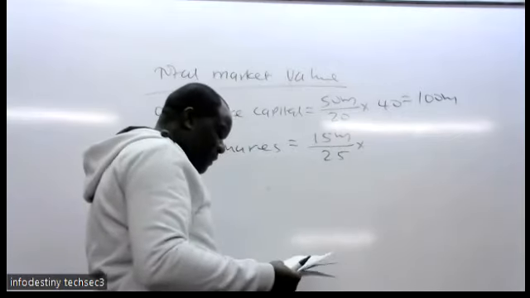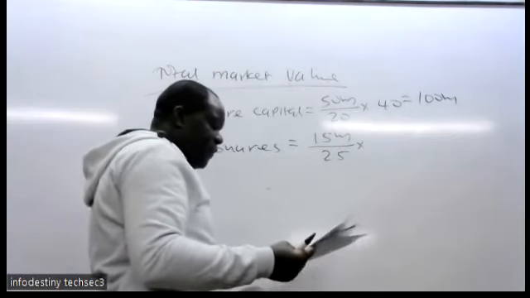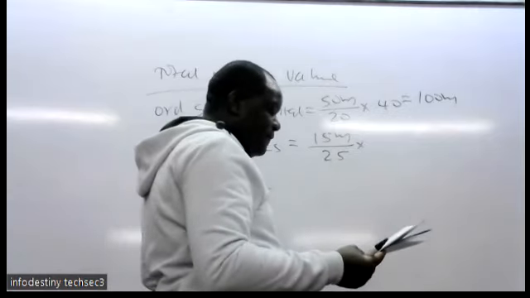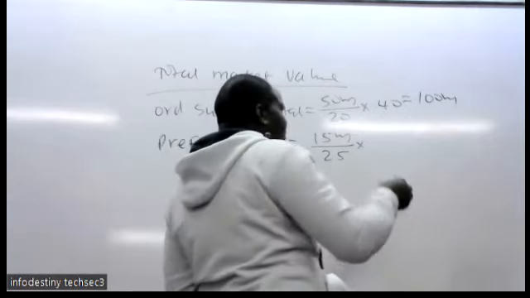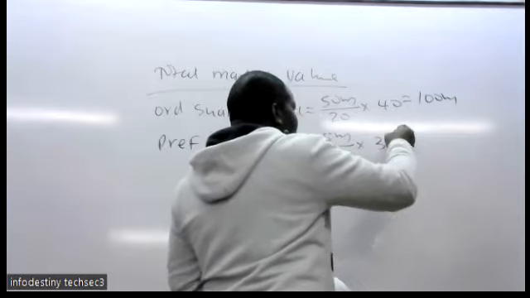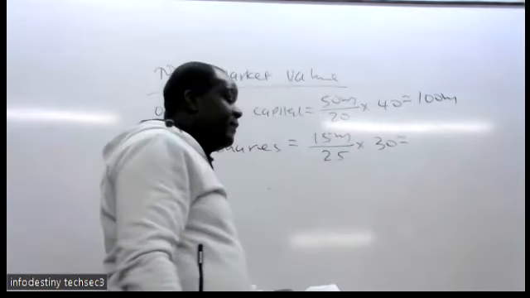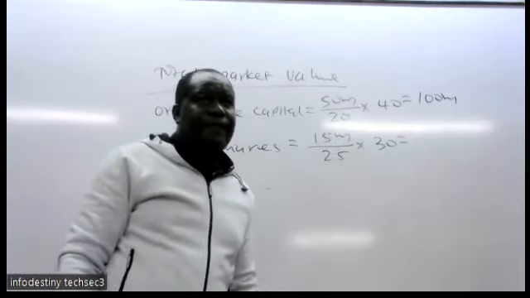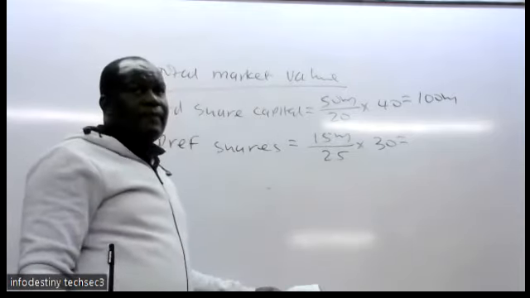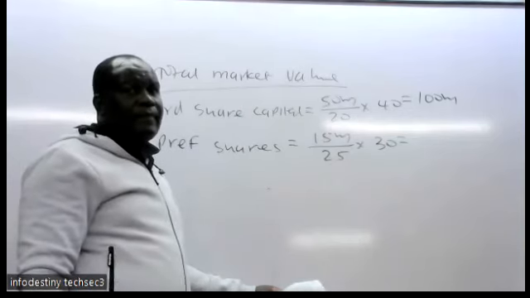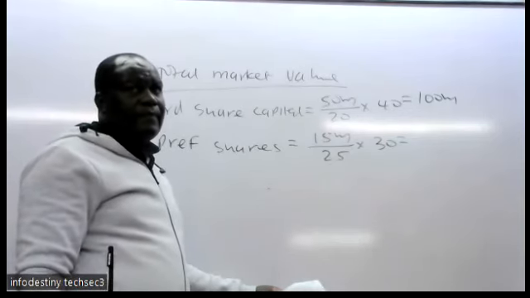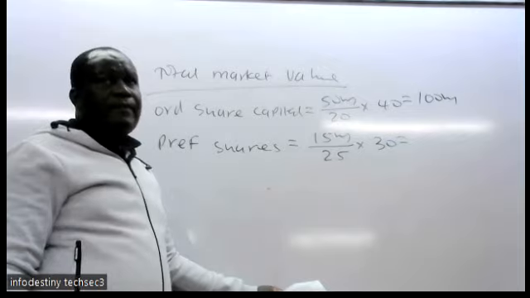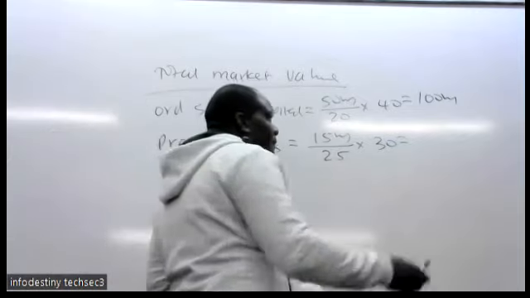So it is currently trading at how much, after we subtracted the dividend on the preference share? It is 18 million.